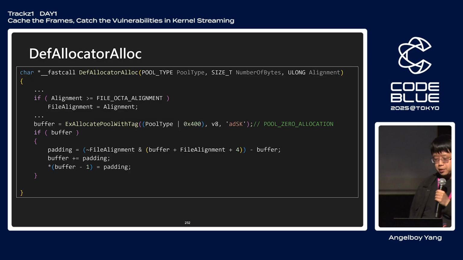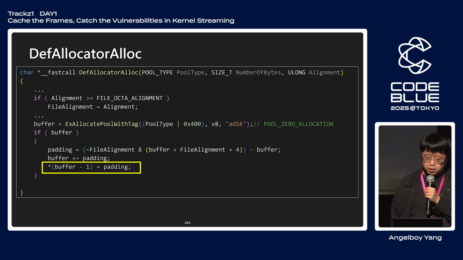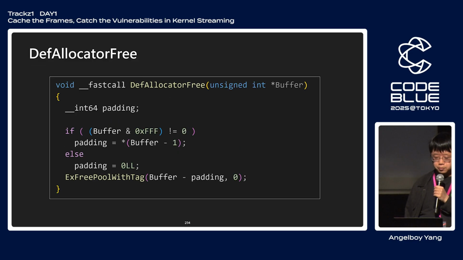The allocation function is quite simple. It just calls ExAllocatePool to allocate memory. If an alignment mask is specified, KS adds a 4-byte value representing the padding size in front of the frame buffer. Then in the free routine, KS uses this padding size to calculate the original pointer returned by ExAllocatePool.